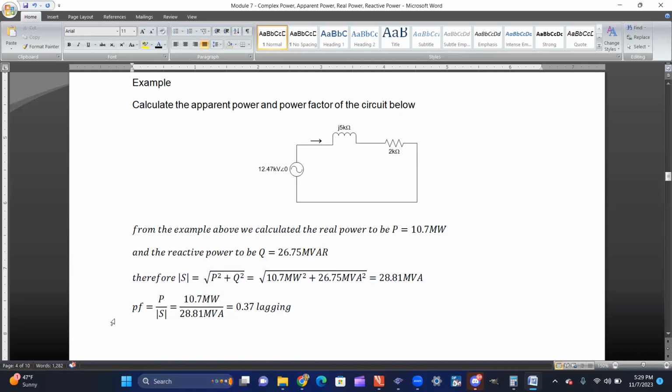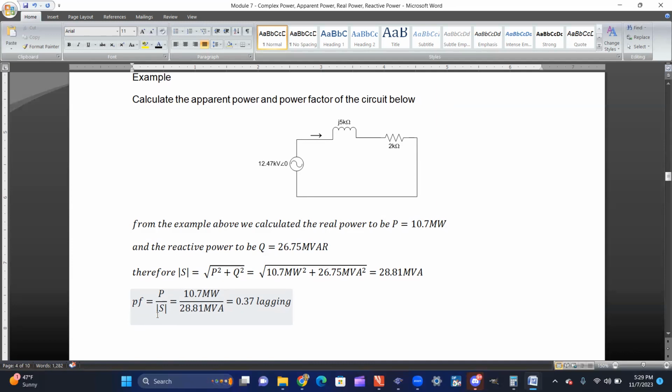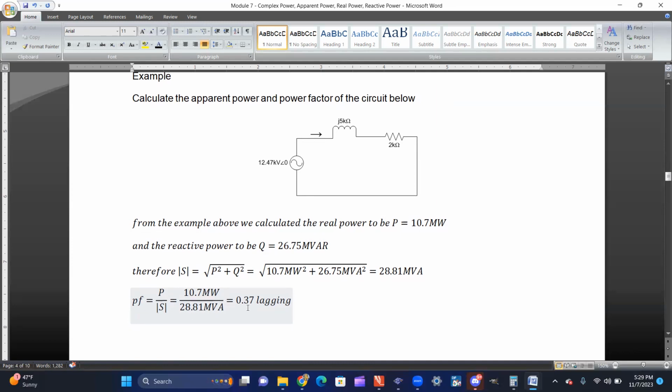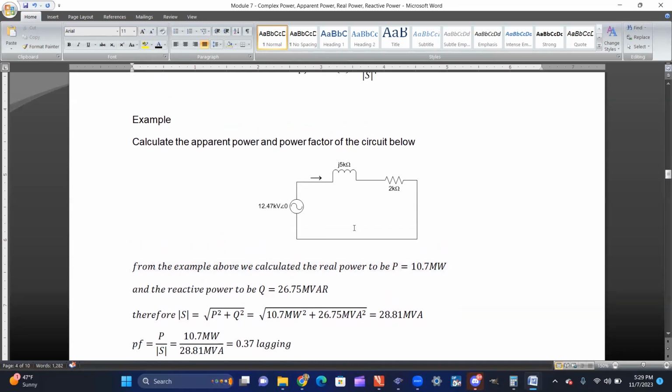And so if we take the power factor, which is P divided by your apparent power, you get 0.37. And this is a lagging power factor because it's inductive. You have mostly inductive reactive power or inductive loads.